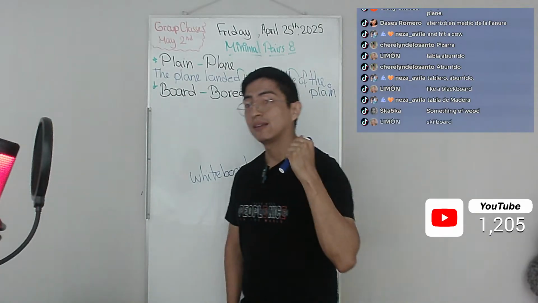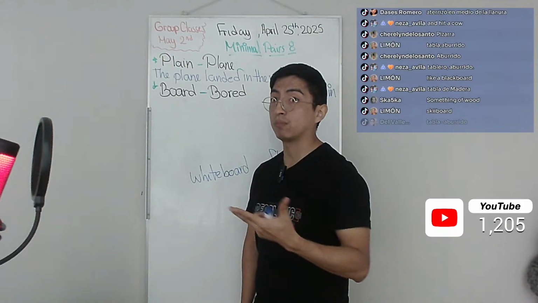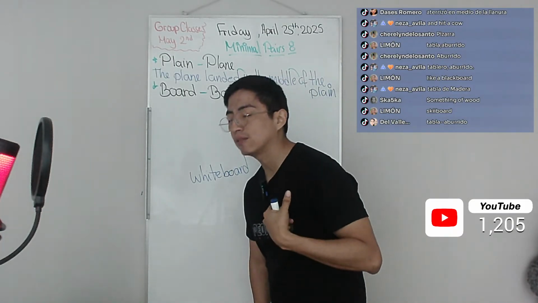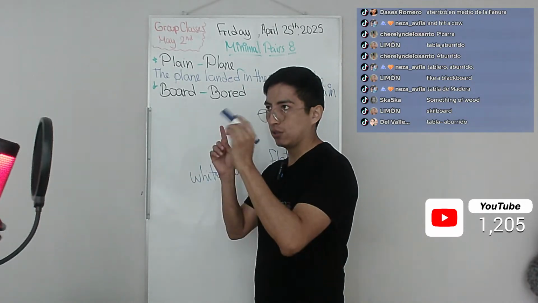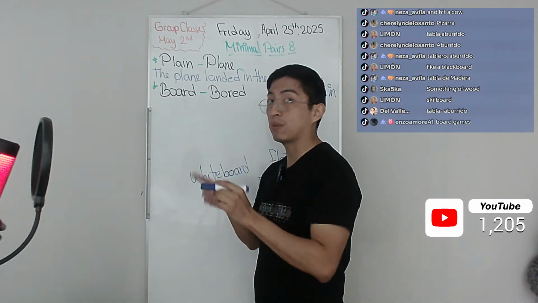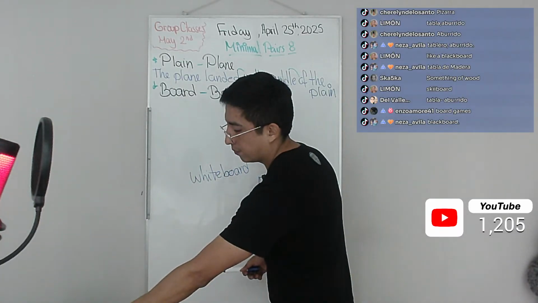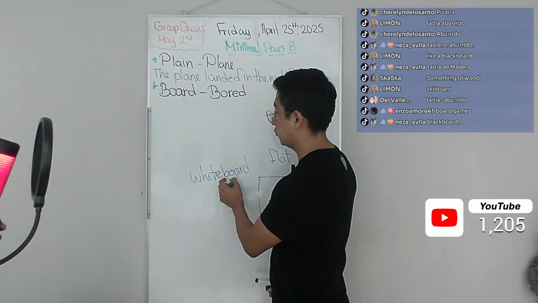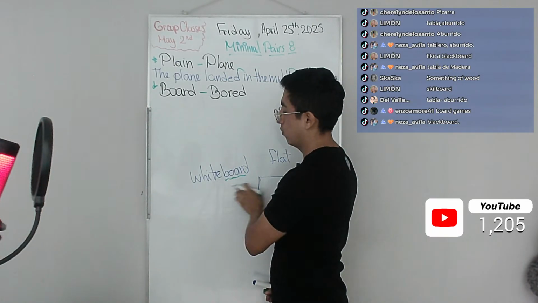In the past, we had blackboards. When I was studying at school, I remember my teacher used to use a blackboard. Now, the short name of blackboard or whiteboard is also board.